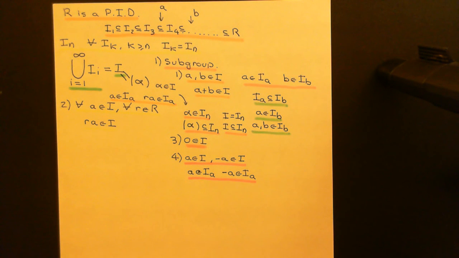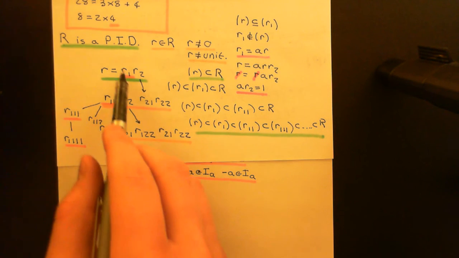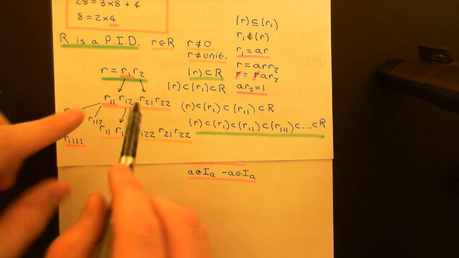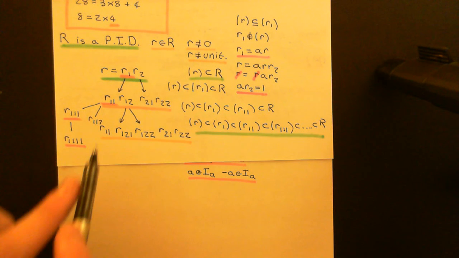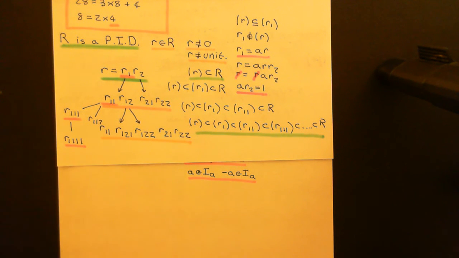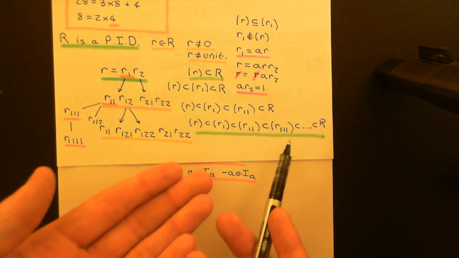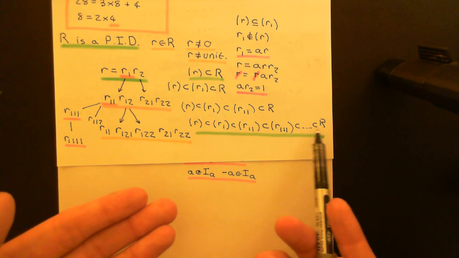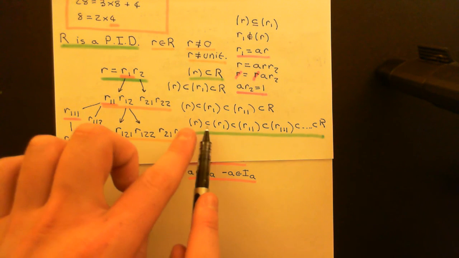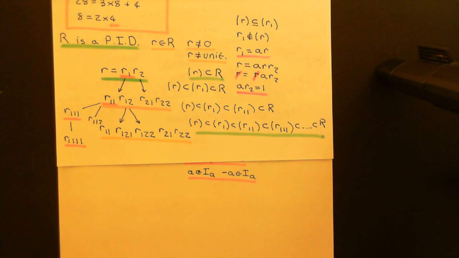So that then contradicts this, because if we do indeed have this process of splitting our element down into more elements in this way, going on forever, so we have this infinite tower of reducible elements, we have shown that this gives rise to this infinite ascending chain of ideals that never becomes stationary because all of these are proper containments.